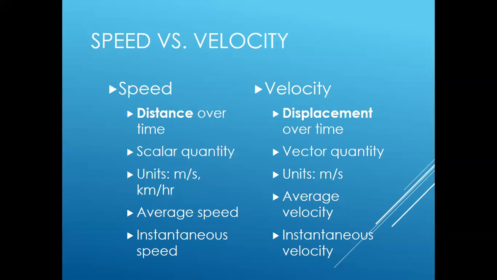Now, instantaneous speed or velocity, this is where if we want to look at what was your max speed or your max velocity during a race or an activity or something like that, or look at a specific point in time when something changed, those would be what we would look at as instantaneous.